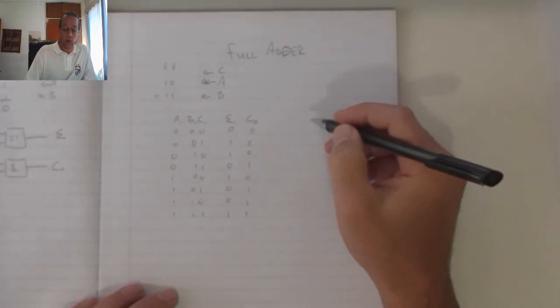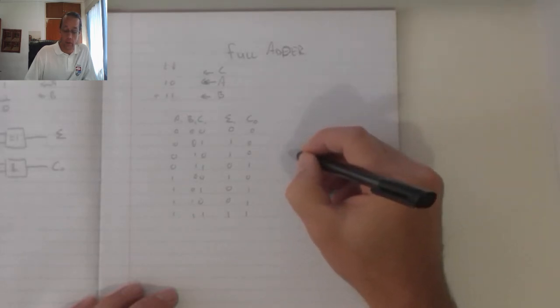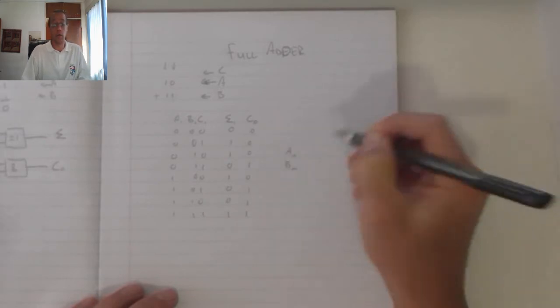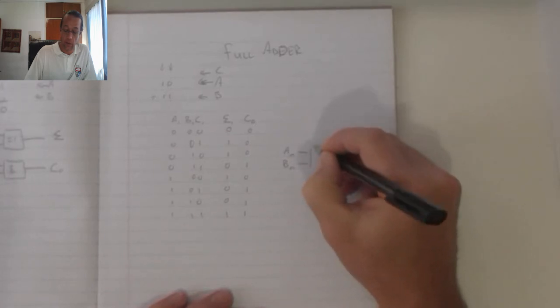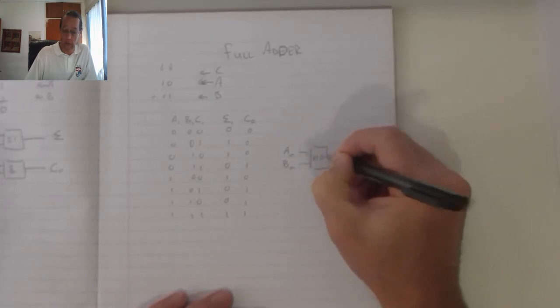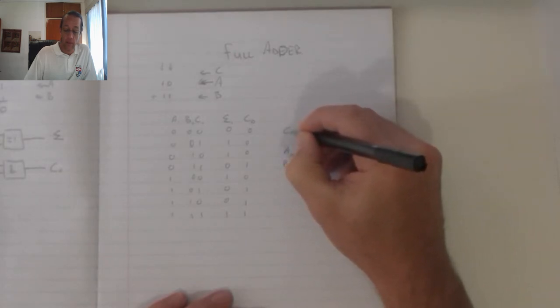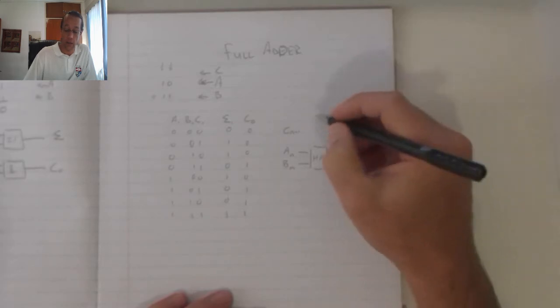Now looking at a combination circuit for this, we've got A and B. Let's call those N's because we don't know which adder this is, but these two feed into a half adder, and then we've got the carryover from the previous step, so we're calling it carry N minus 1.